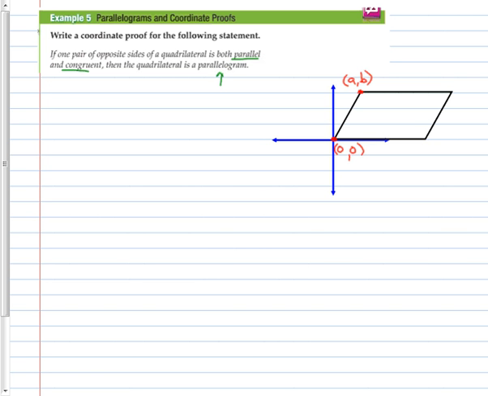Now we are going to be given that we have parallel and congruent on one pair of sides. I'm going to pick these opposite sides, congruent and parallel. So I can use that fact when I go to do the rest of my vertices. Let's pick this point right here. You know one of the values, either the x or the y. Which value do you know?